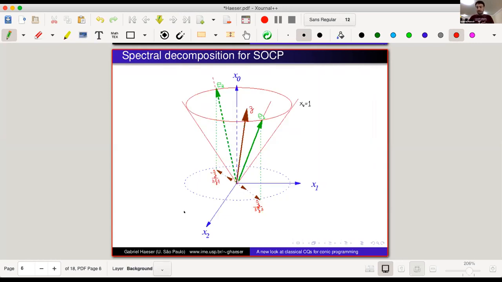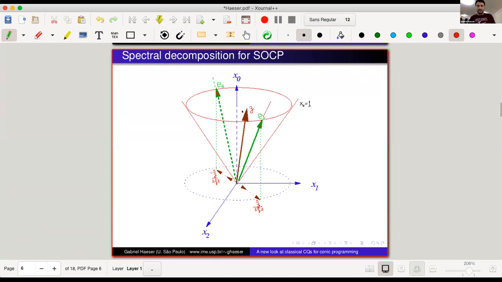There's a picture here explaining the second order cone and all these properties. So see here, you have a vector Z, and the spectral decomposition is these vectors E1 and E2. You can see that it belongs to the cone if and only if Z is a linear combination with non-negative scalars.